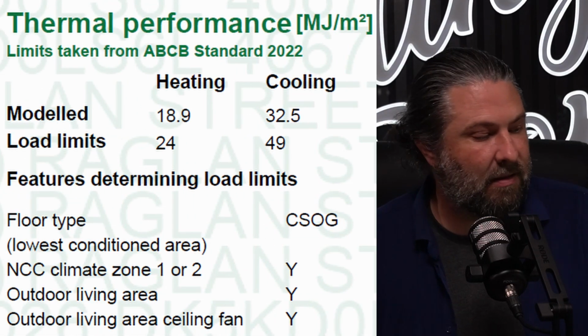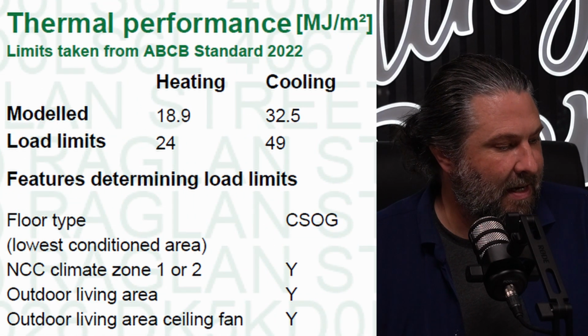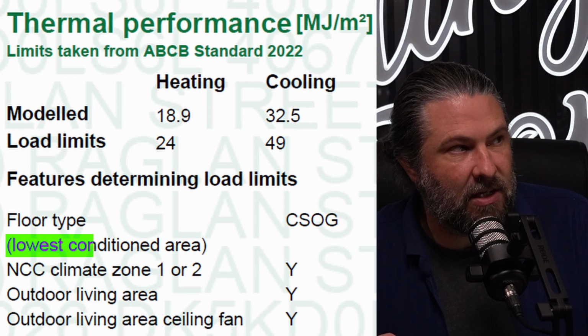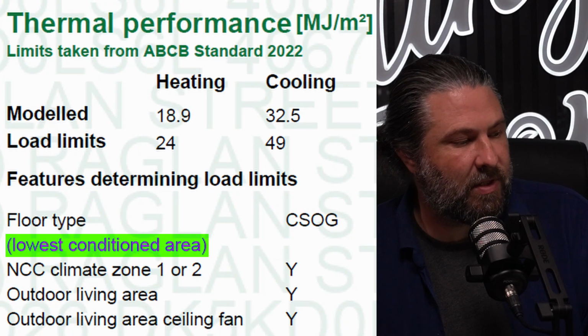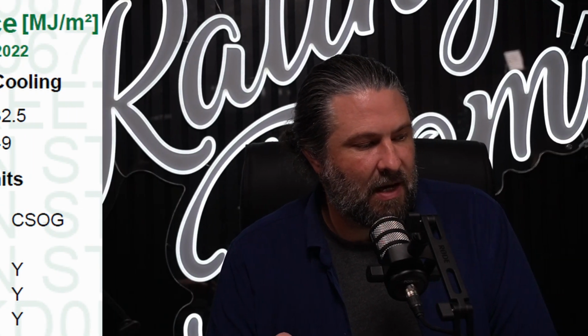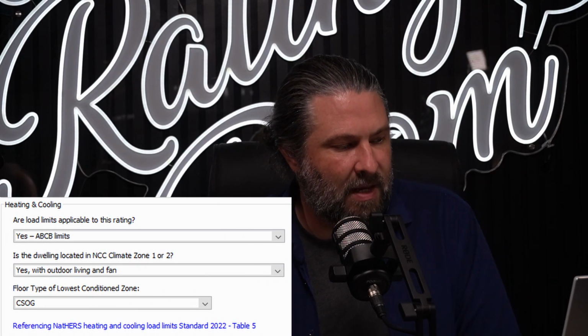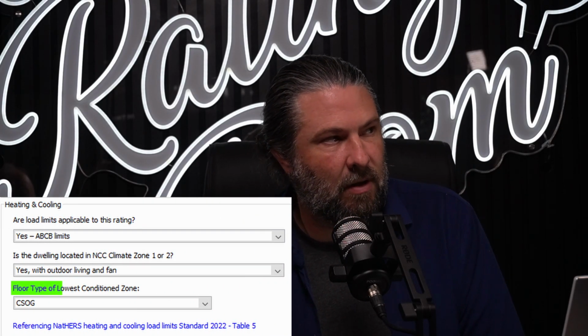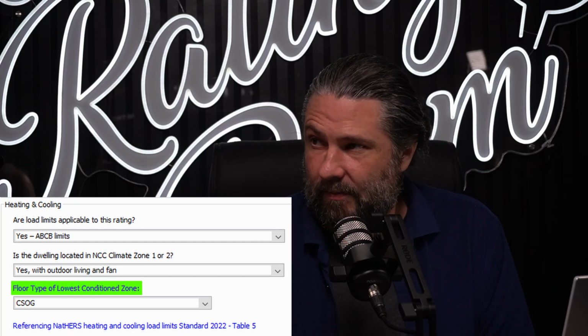Correct. But when you look at other documentation, for example the universal certificate, it clearly defines it as the lowest conditioned area, which is something different again. And then from a FR5 point of view, it says floor type of the lowest conditioned zone.